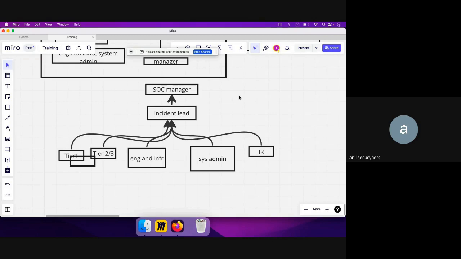So let me discuss a little bit more about this chart that I am showing here. This chart emphasizes that running a SOC operation involves more than just analysts performing triage.